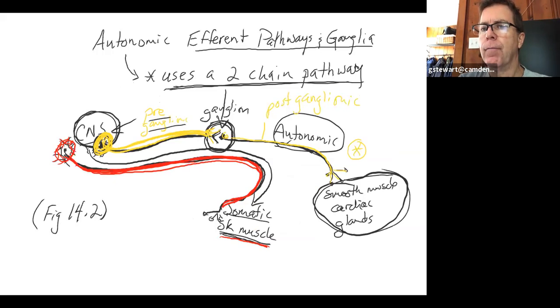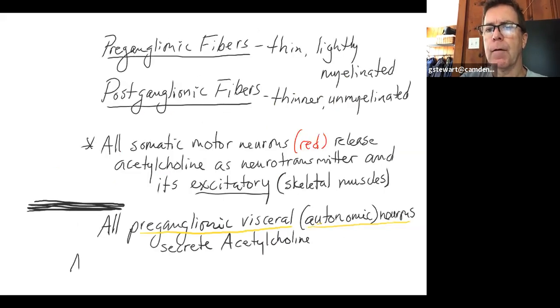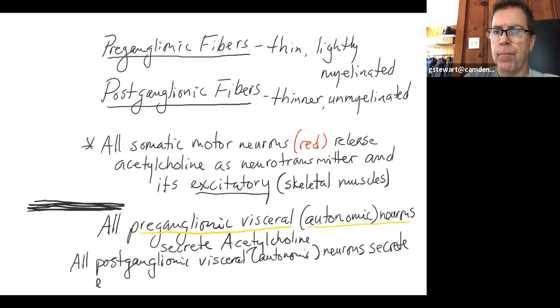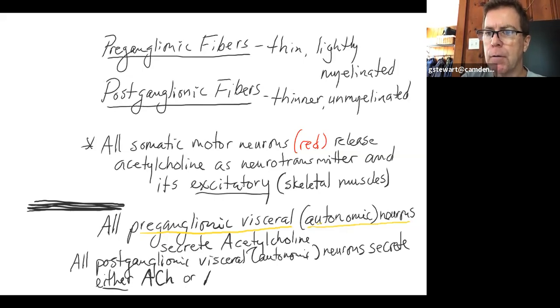Now, all postganglionic visceral autonomic neurons, they secrete either, I'm going to underline either, acetylcholine, I'm going to write ACH for its abbreviation, or norepinephrine.